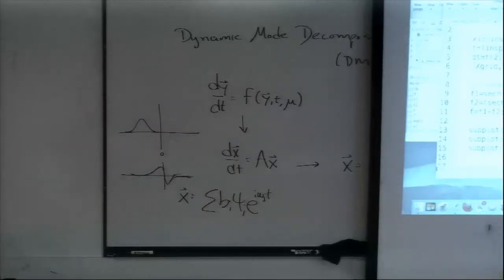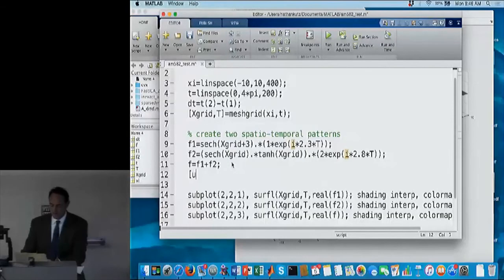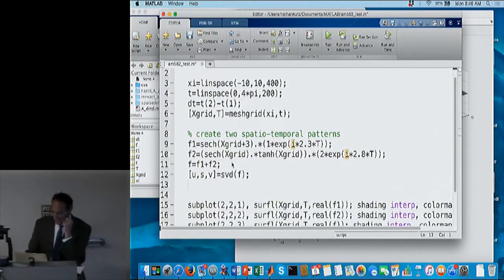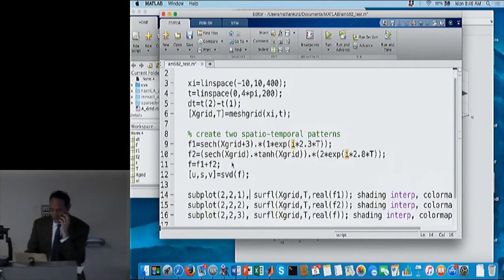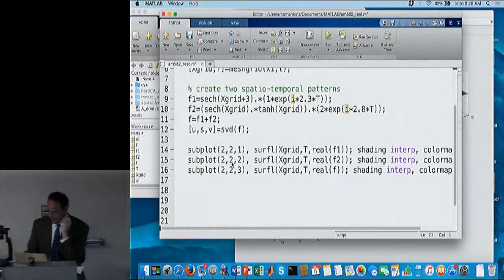Okay, so the first thing I want to do with this signal that's mixed is SVD it. That's going to give us the low rank structure. So let's make a figure and see if it actually does come out to be low rank.